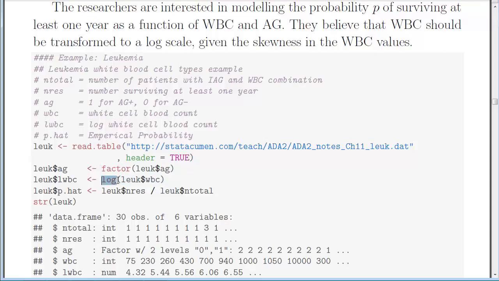I happen to take the natural log, but log base 10 would be just fine as well. And then we're also going to give the observed proportion, p hat observed, of the survivors of at least 1 year survival, right? At least 1 year, yes. So number NRES divided by n total.